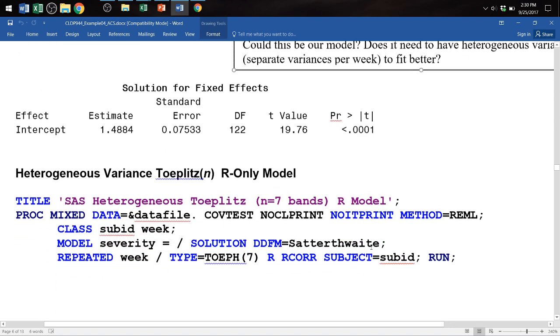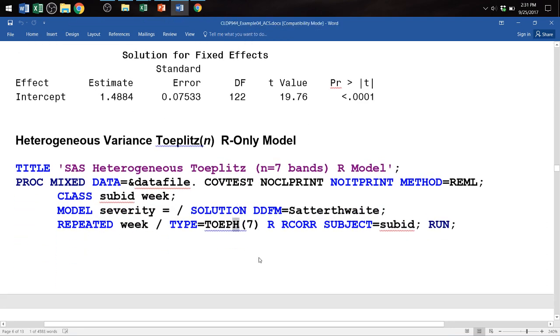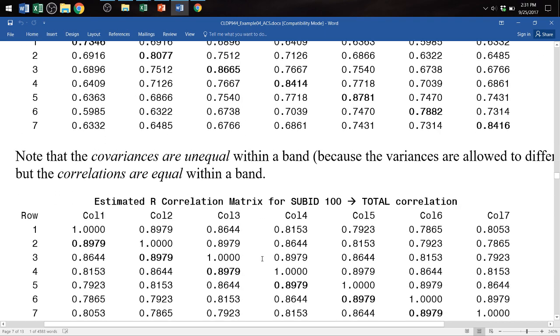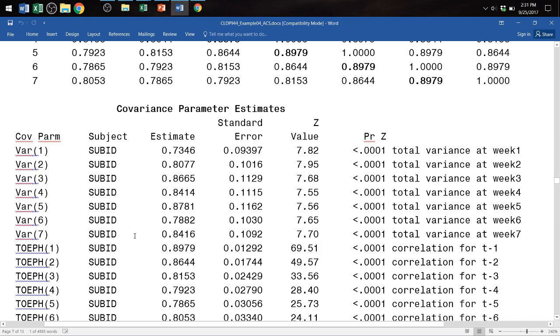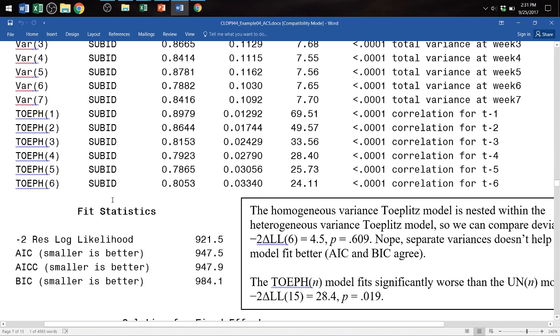Let's see if I can make it better by doing heterogeneous variances. Try the TOEPh. Now the off-diagonal elements are specified in terms of correlation, as you can see here. And there's my 7 different variances. I added 6 new terms to allow differences in variance.